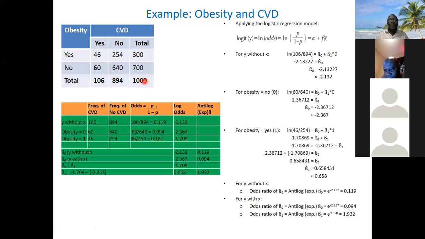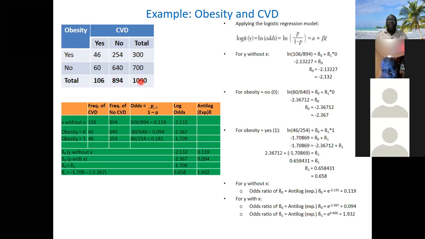If you look at it, that 1,000 is at the corner. If you look at it from the angle of the exposure, how many are exposed? 300 are exposed, 700 are not exposed. That is obese, not obese. From the angle of the outcome, 106 have cardiovascular disease, 894 do not.